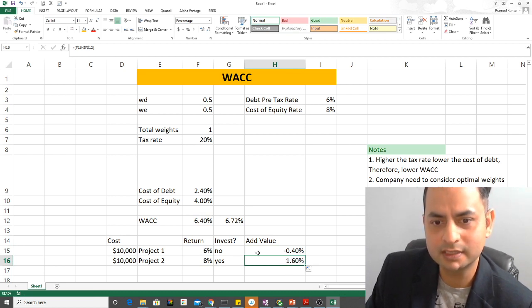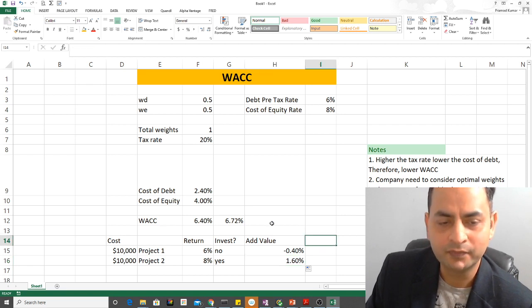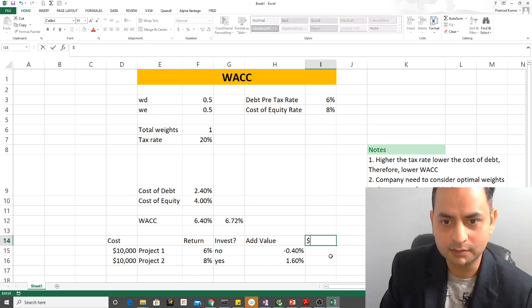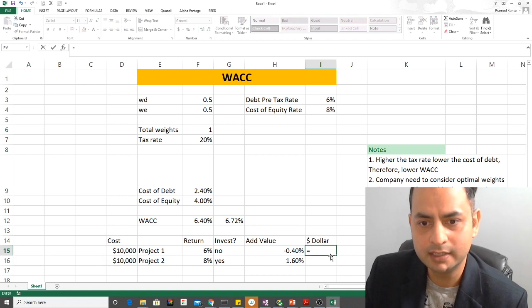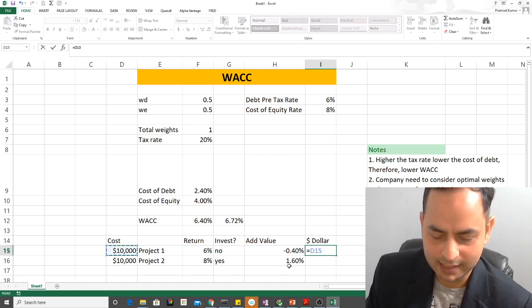If I assume this project is for 1 year and the company has invested $10,000, then in dollar value it is simple as that.